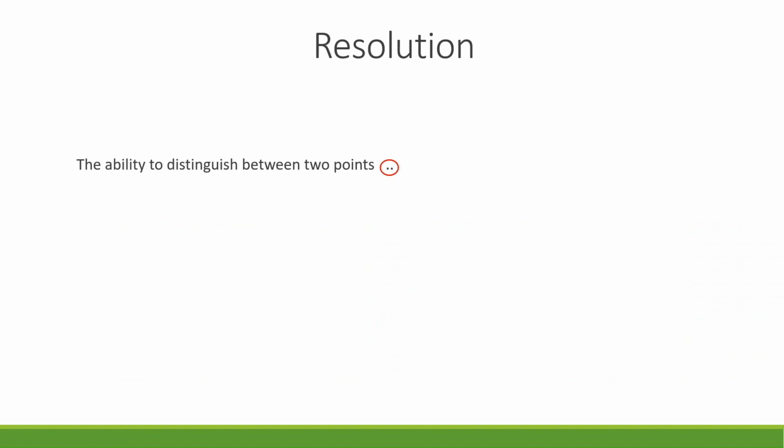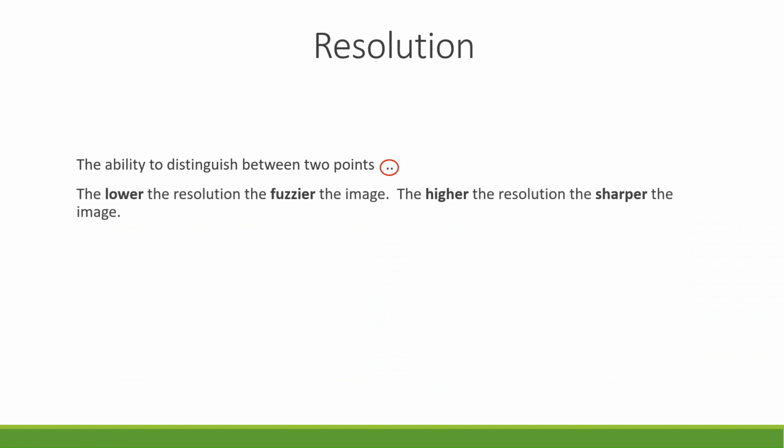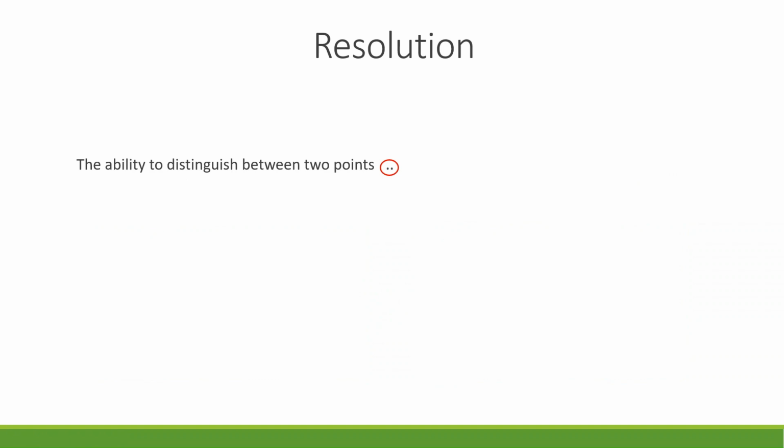So, depending on what device you're using right now, you may or may not have the resolution to distinguish between the two periods I have typed on the slide here, and it's circled in red there. And hopefully, your resolution allows you to tell the difference between those two dots. The higher the resolution you have, the smaller the space between those two dots can be, but you can still differentiate the two.